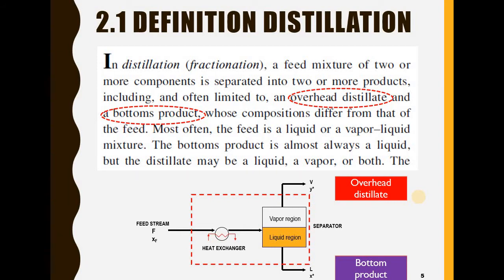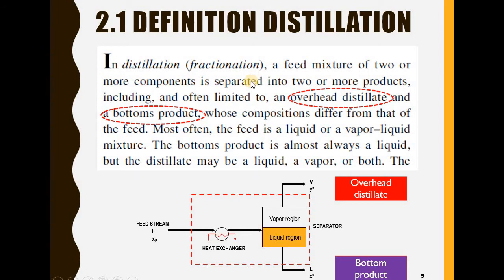The crude oil usually exists in the form of a mixture, so we have to separate the crude oil into each corresponding component. In order to separate them, distillation is the common process used to separate the mixture into each component. So in distillation, a feed mixture of 2 or more components is separated.